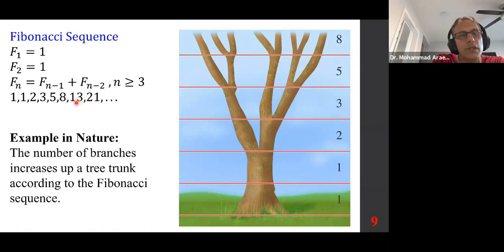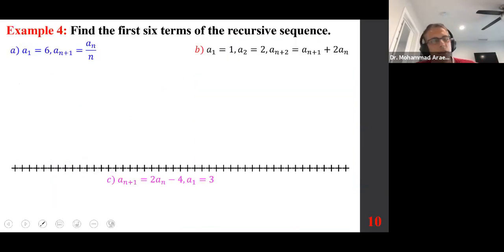The next one would be 13 plus 21, which is 34, so on and so forth. And in nature, for example, the number of branches increases up a tree trunk following the Fibonacci sequence, class. So here's a few interesting examples we want to look at.